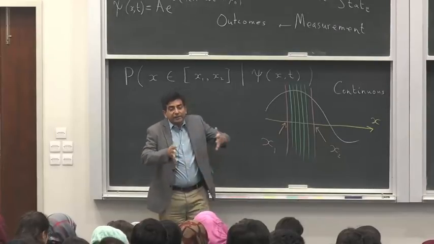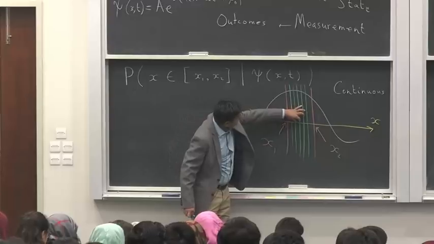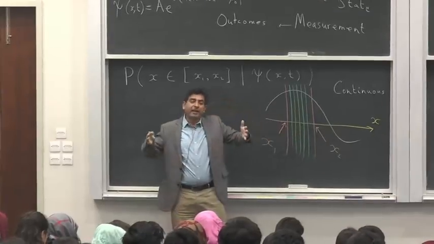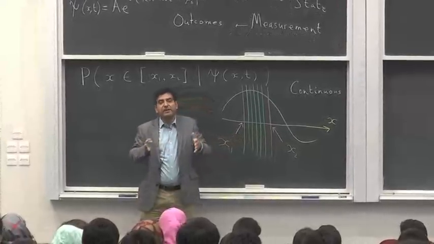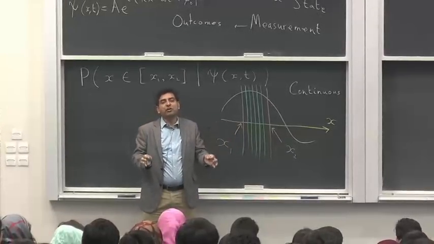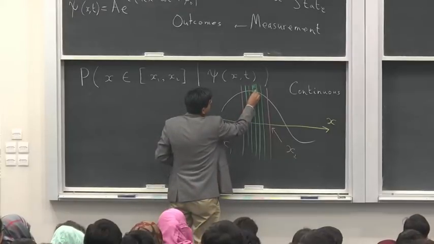So I divide this into a large number of intervals. This is one interval, the next interval, the next interval, the next interval, and so on. And this region, which is my region of interest, is subdivided into smaller and smaller subregions. Let me focus on one region.